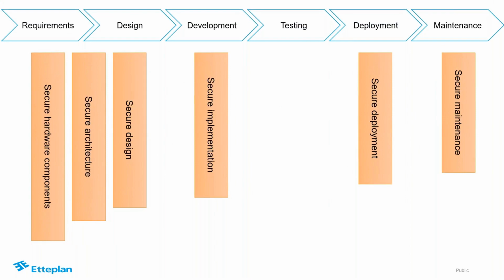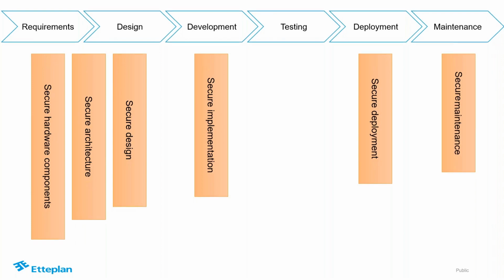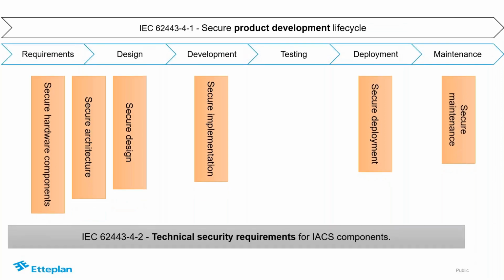And if we flip this on its side and look at it in a chronological order, it fits there pretty nicely. So the hardware components are selected in the requirement stage, and it goes on from there. But yeah, I guess we were here to talk about the standard, and here it is.